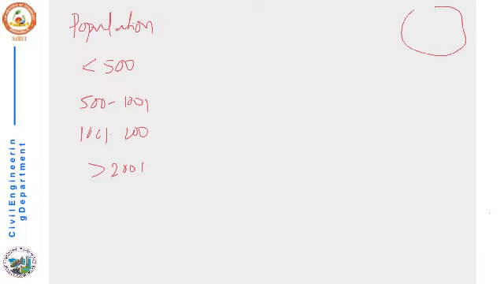Say for the entire study area there are some 100 villages. We have to check how many villages have a population within 500, how many have a population of 500 to 1000, how many have 1001 to 2000, and how many villages have a population exceeding 2000.